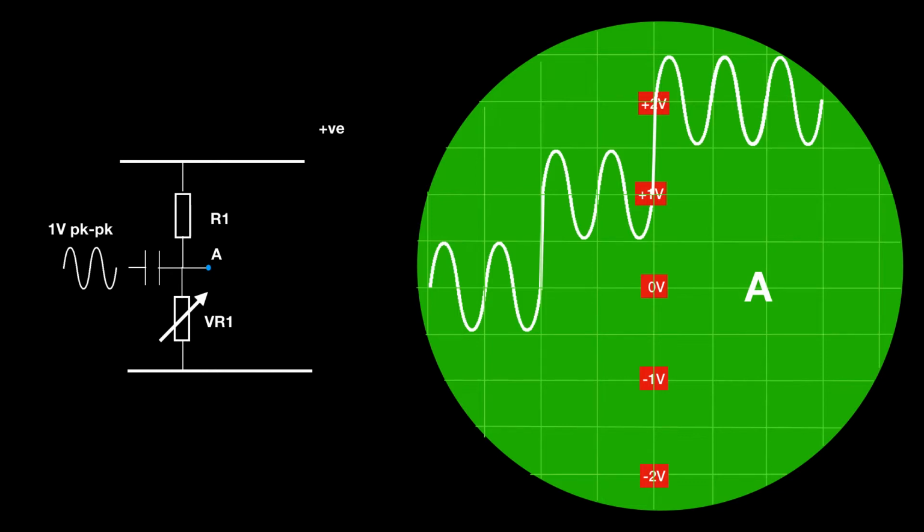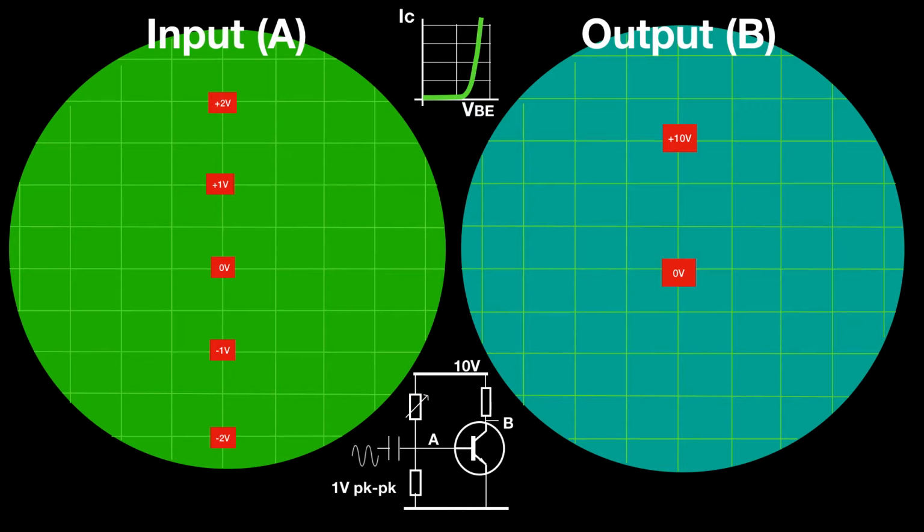Now let's put the rest of the circuit back in and also show a similar depiction on the output. So the green circle on the left is the one we've just been looking at. That's the input. And the bluish circle on the right is the output. And you can see the scales are different. On the output circuit, between 0 and 10 volts is shown because that is the rail on our example circuit.